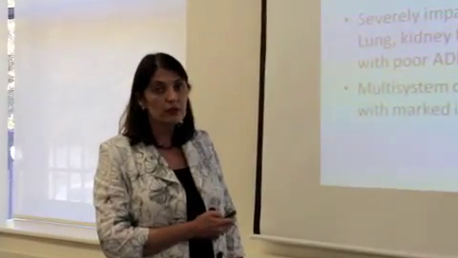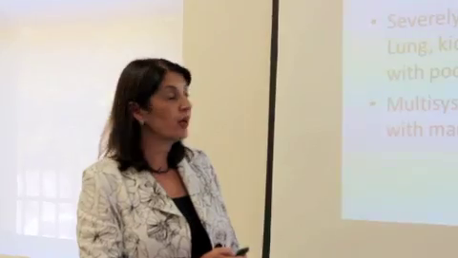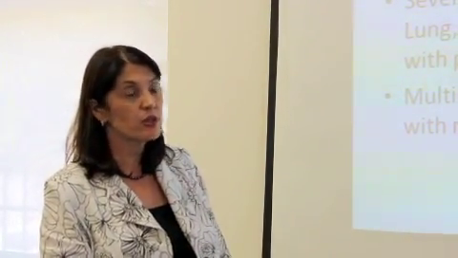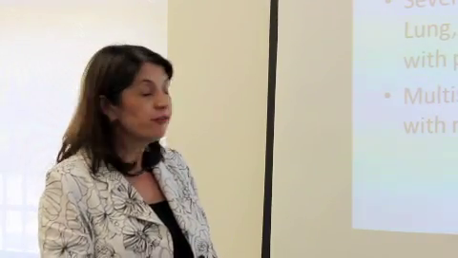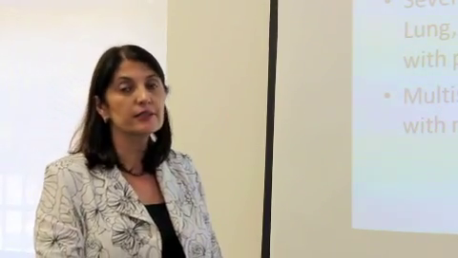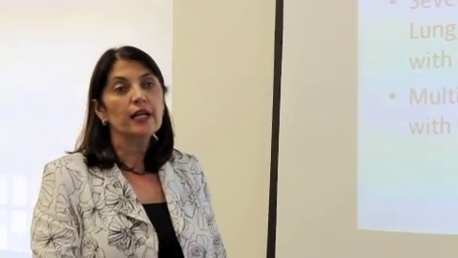If somebody is already in a wheelchair, needing help with ADLs, that is a poor prognostic factor for any of the neurological diseases. Be careful of your multi-system diseases, your connective tissues.